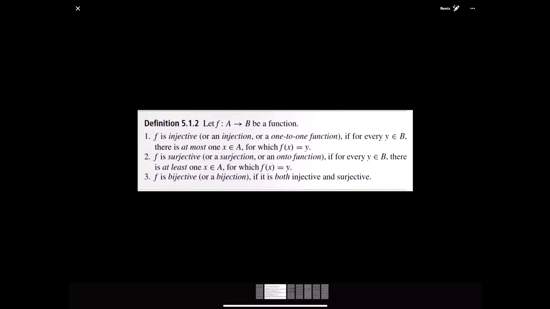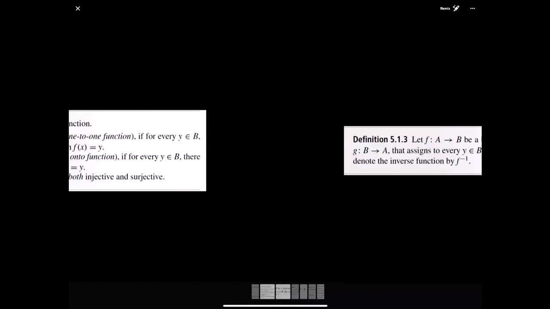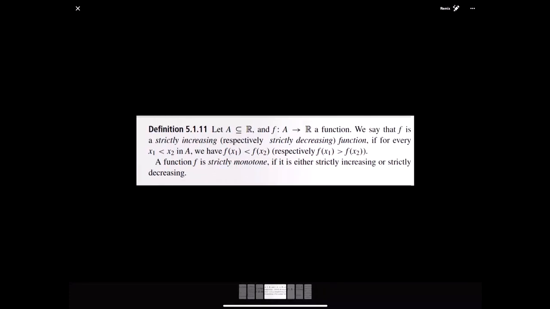I already put all those in the channel, so whether you have a textbook or not, it's right here. All the definitions and propositions that could be on the quiz, I already left them here, so just make sure you know them. I'm not asking you to memorize them word by word.